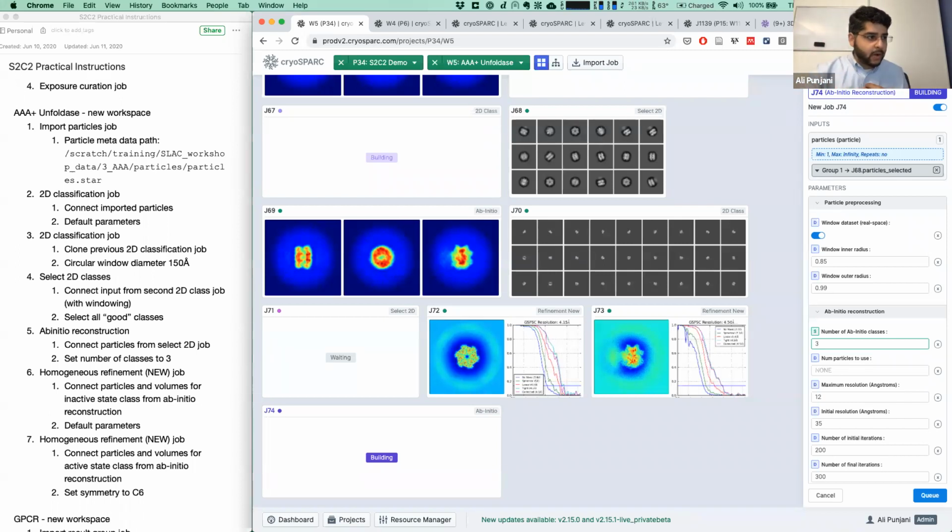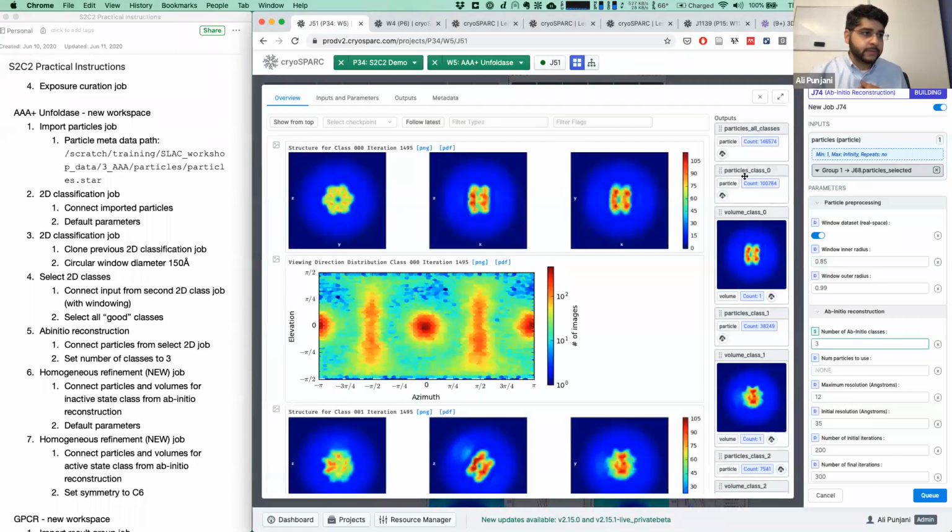So the output of ab initio reconstruction, if you notice, is in the form of different outputs for each class. There's one output that says particles all classes, and that's just a convenience output in case you want to use all the particles for something downstream. But otherwise, the particles themselves are split up in the output into the different classes.